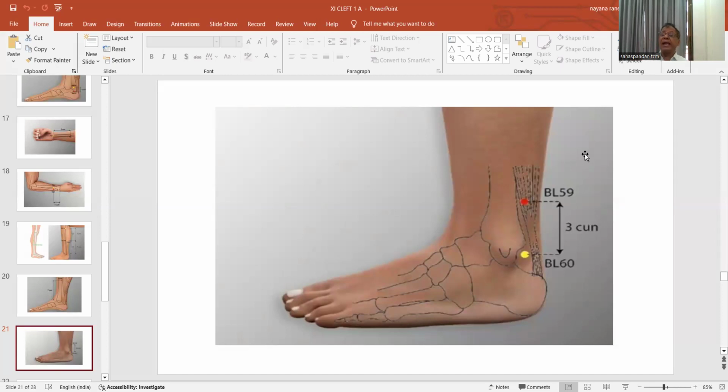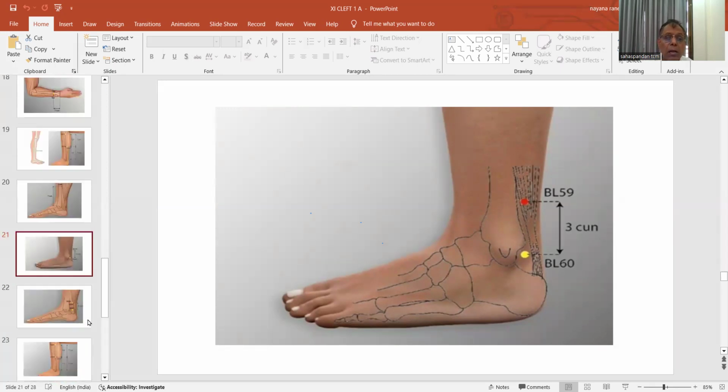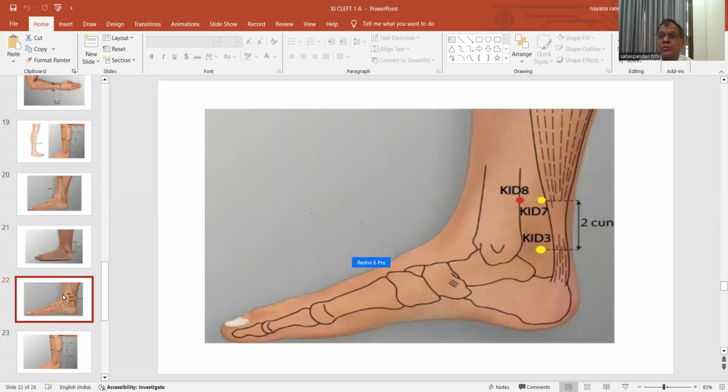And kidney 8. Kidney 8 is the xi-cleft point of the yin motility vessel. See this kidney 8, near the bone, very close to the bone.